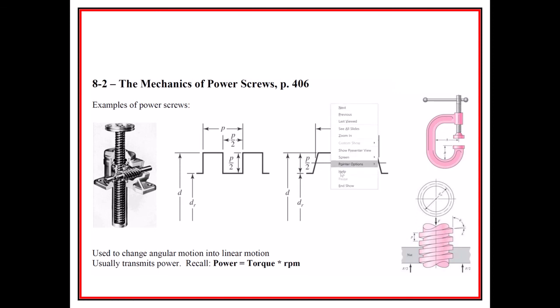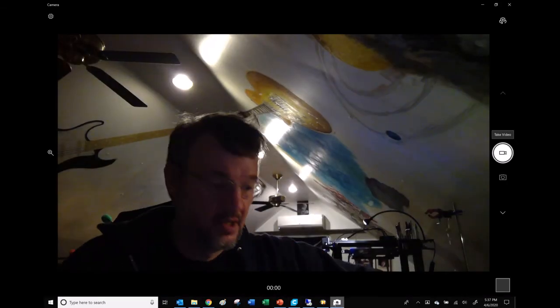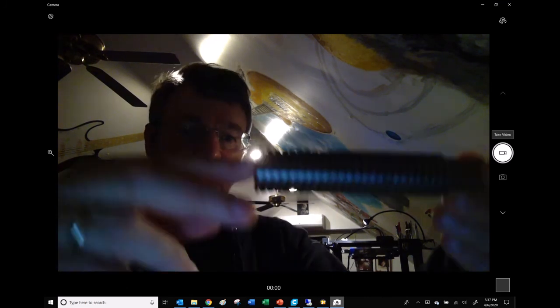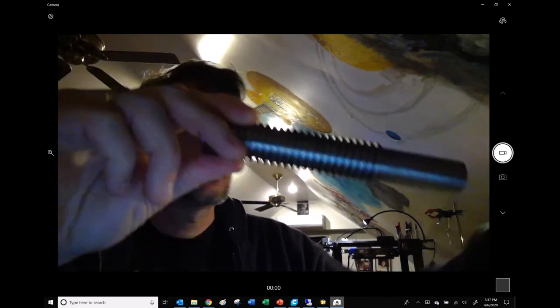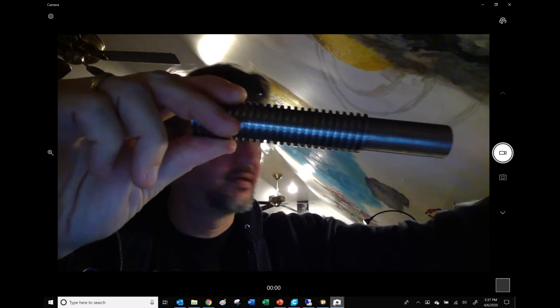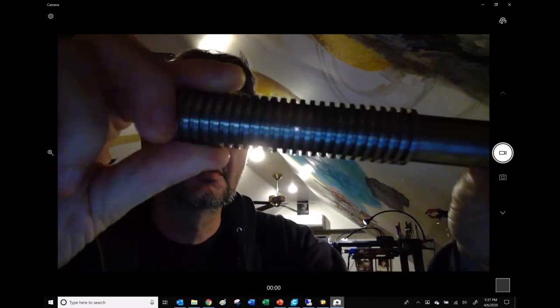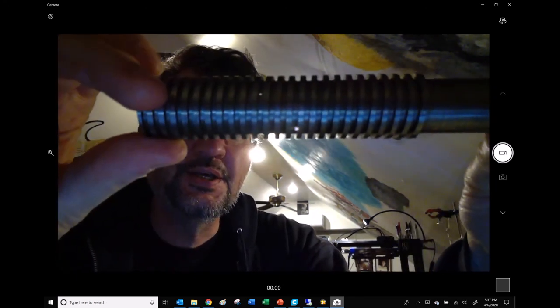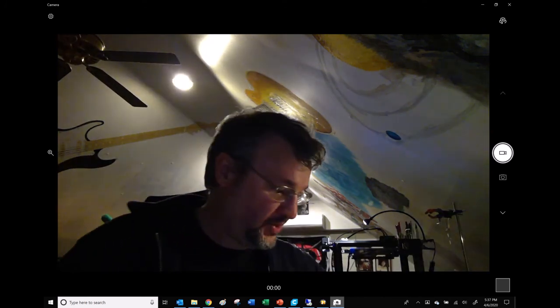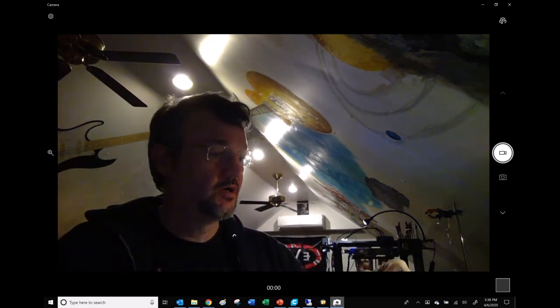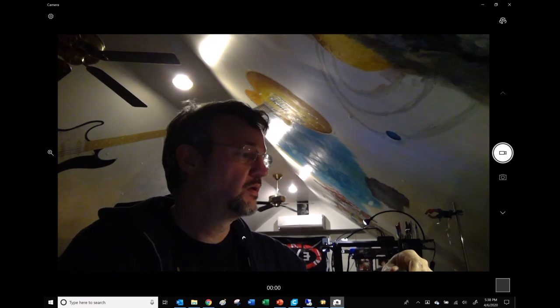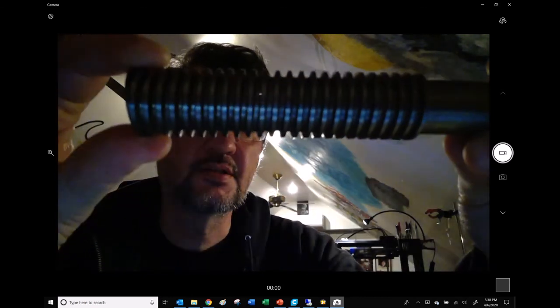And once again, I have a picture where I can use my camera here to show an example. Okay, so I believe this right here, let's see if I can get a flashlight, so you can see that the threads are square compared to, and I believe these are Acme threads.